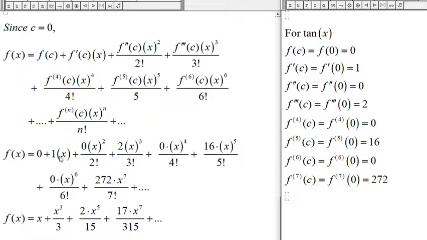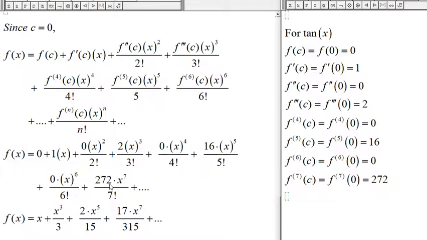And so right here we get 1x. This is 2, and 3 factorial is 6, so 2 over 6 will be 1/3. This is 16, and then 5 factorial is 120. 16 over 120 is 2/15.